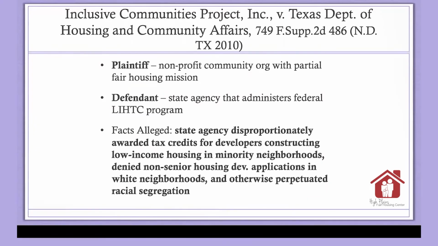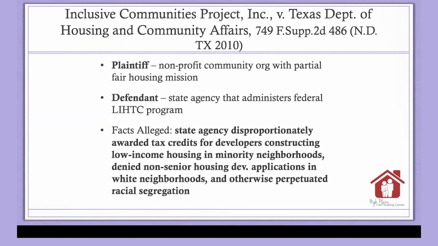Fair Housing Act. Well, in this case, the plaintiff was a nonprofit community organization with a partial fair housing mission. So it had standing as an aggrieved party to seek a remedy under the Fair Housing Act. The defendant was a state agency in Texas that administers the federal low-income housing tax credit program for Texas. And what were the facts that underpinned this case?